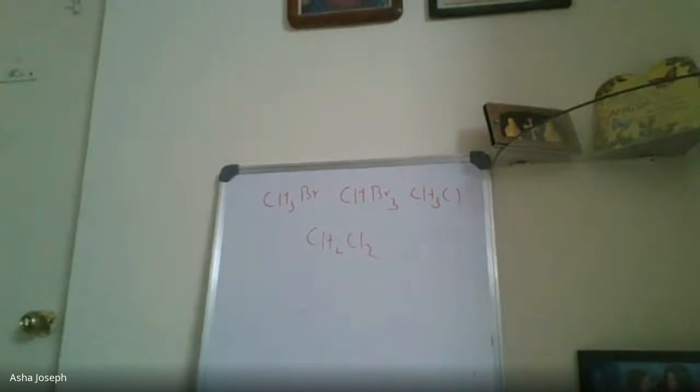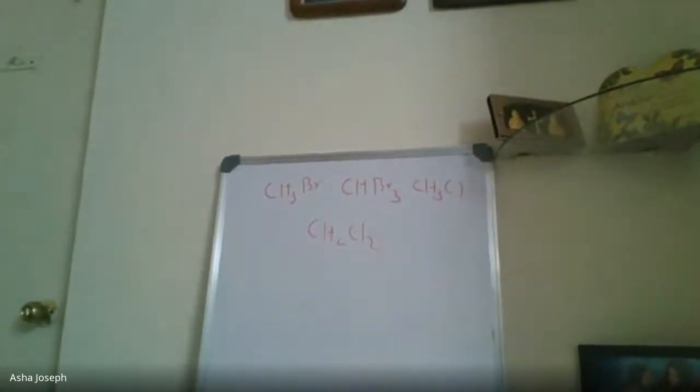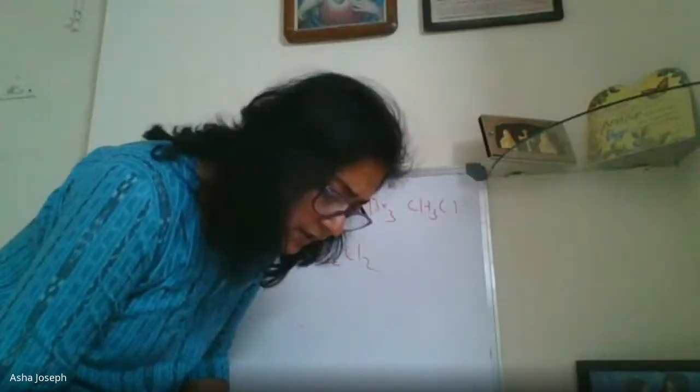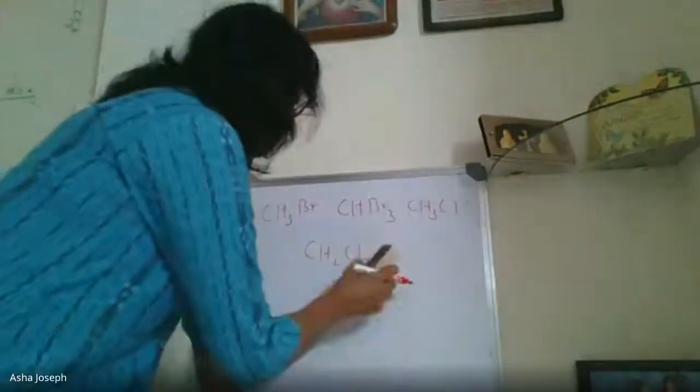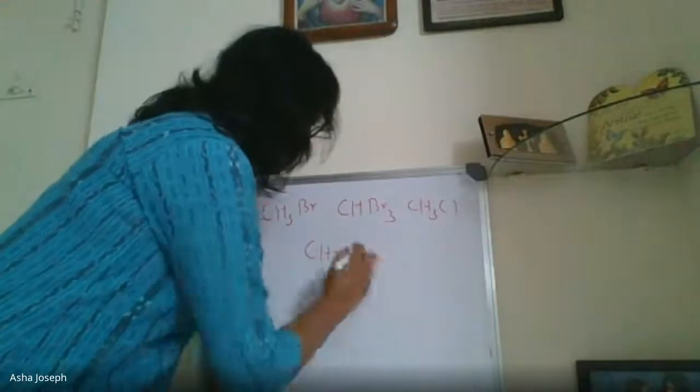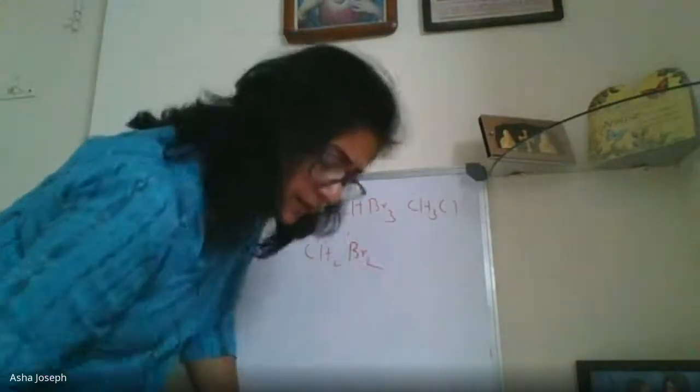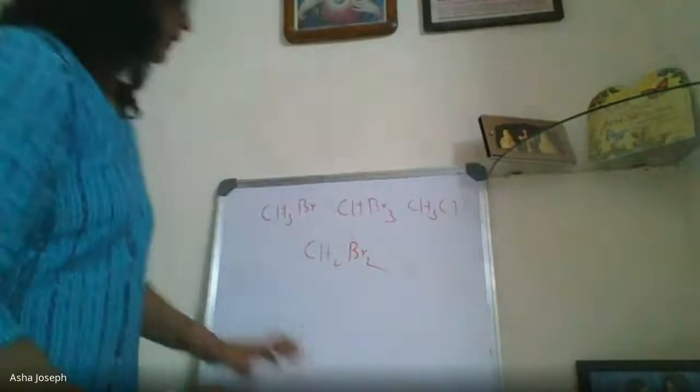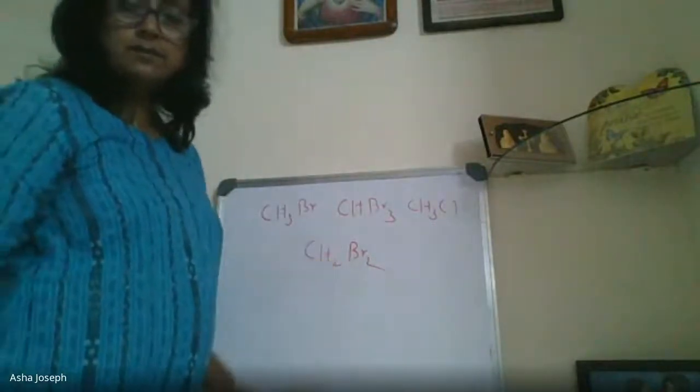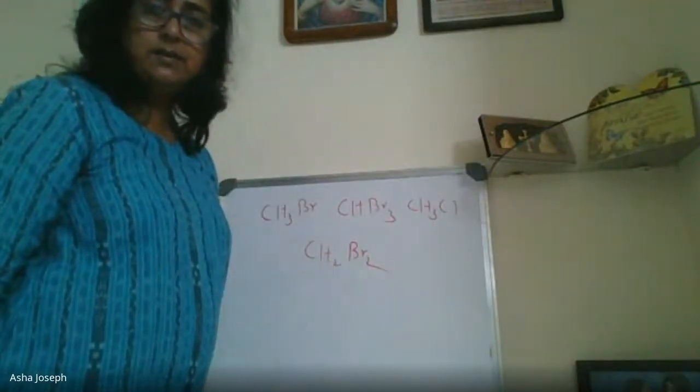Ma'am, can you please repeat? Yes, I will repeat. Ma'am, it's chloromethane and then dibromomethane. Bromomethane is written, it is dibromomethane. Okay. Bromine has higher atomic mass than chlorine.